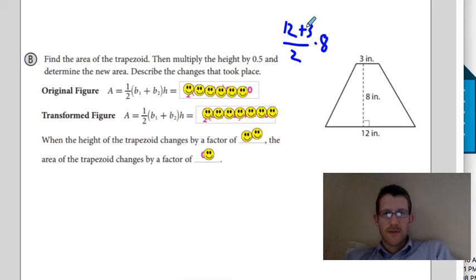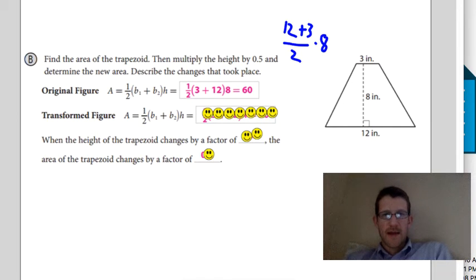So 12 plus 3, well, that's 15, divided by 2 is 7.5, times 8, well, times 2 brings us back to 15, and then we just have to do 4 15s, so that's 15 plus 15 plus 15 plus 15, or 60. So we can come up with 64 for the area of this trapezoid.